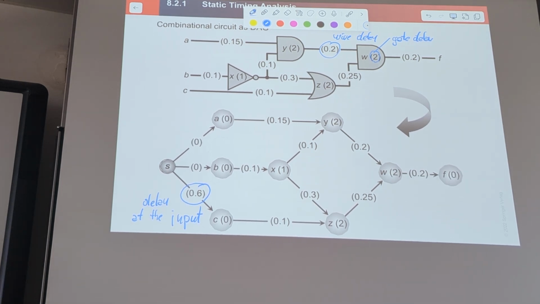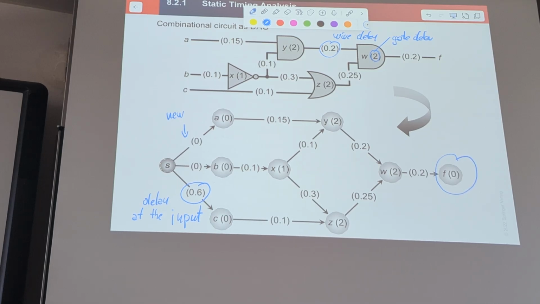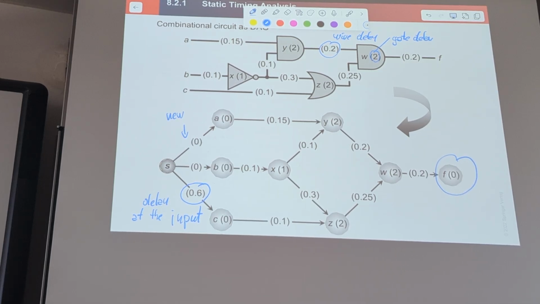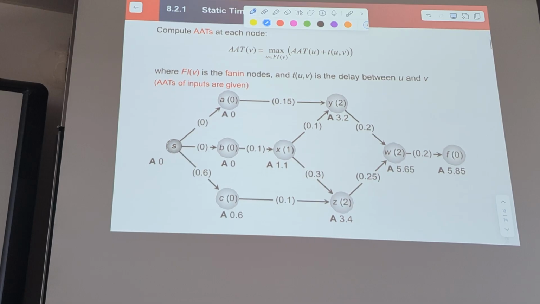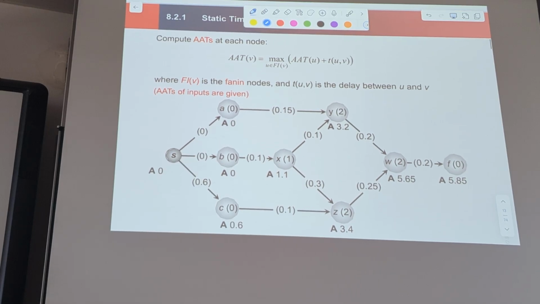So this is just transforming it. This here is new, but the remainder here is the output. Okay, and the method for the static timing analysis is this rule here.